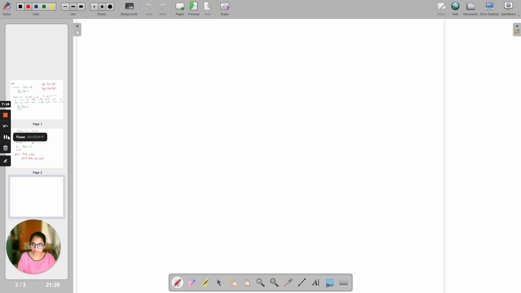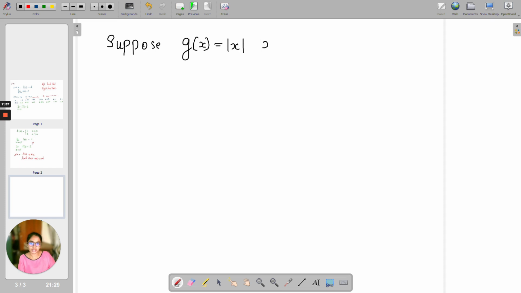Moving on, suppose g of x is equal to mod x. Imagine that this is a function and they are saying x is not equal to 0.